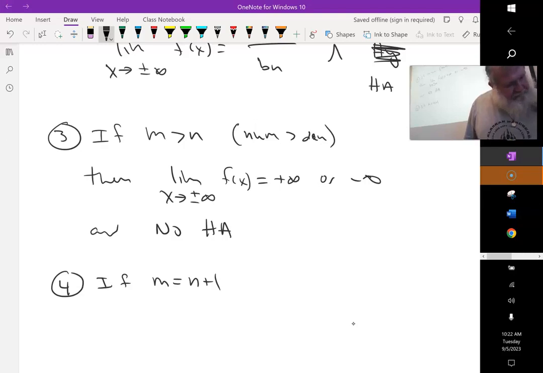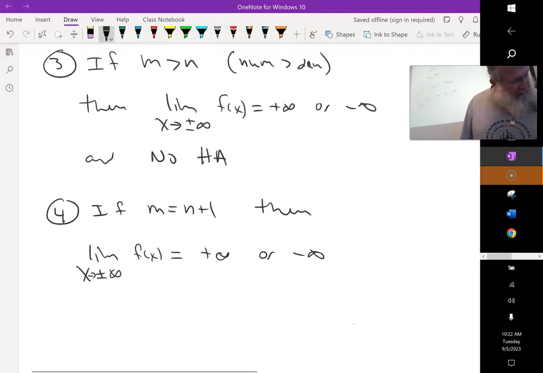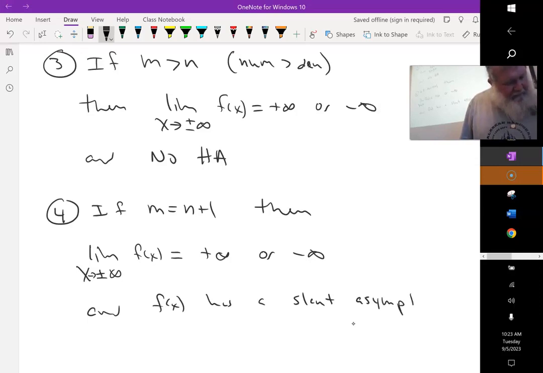Then the limit as x goes to plus or minus infinity of f of x equals either plus infinity or minus infinity, depending on the case, and f has a slant asymptote.